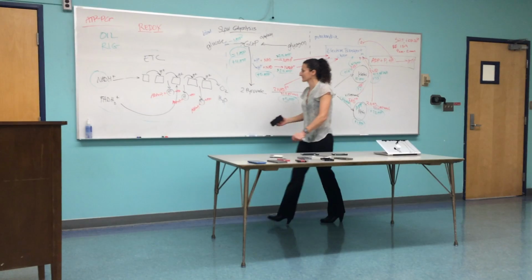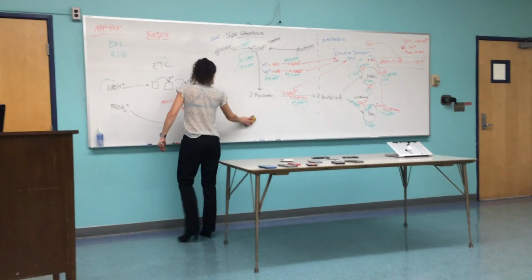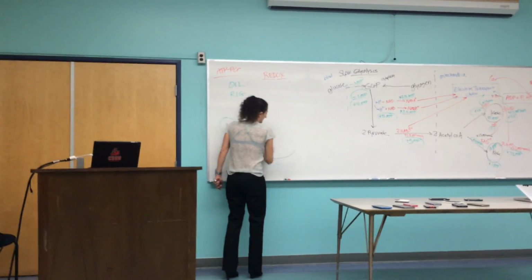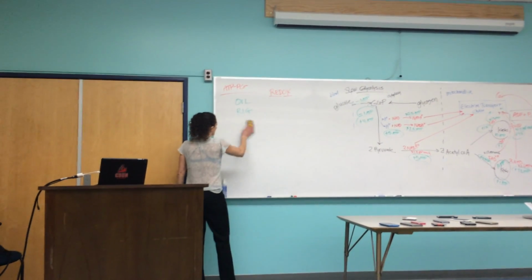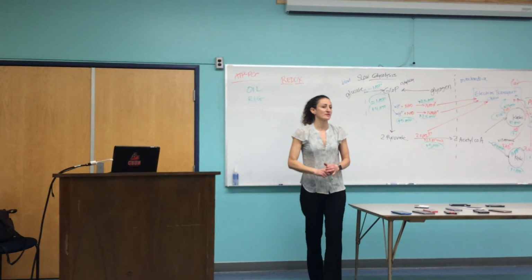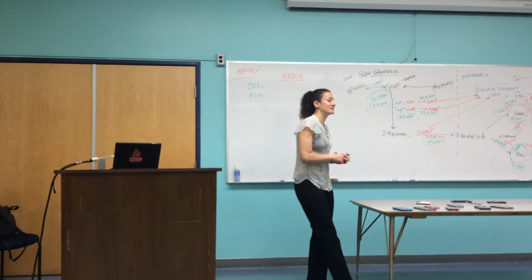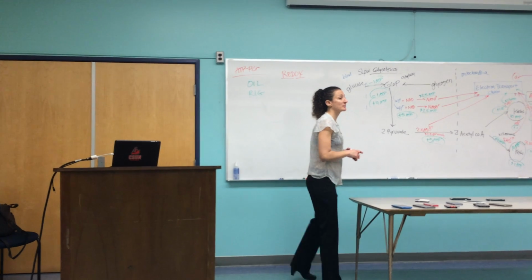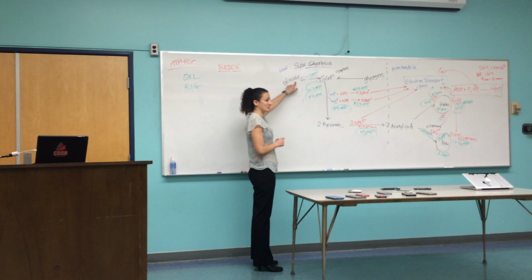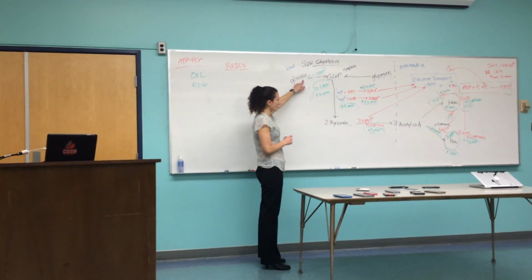Okay, so if I were to ask you how many direct ATP are produced from the complete oxidation of one molecule of glucose, what's your answer? 4.